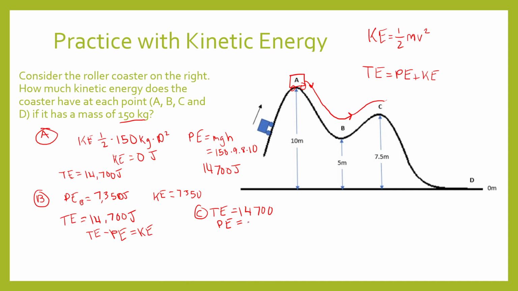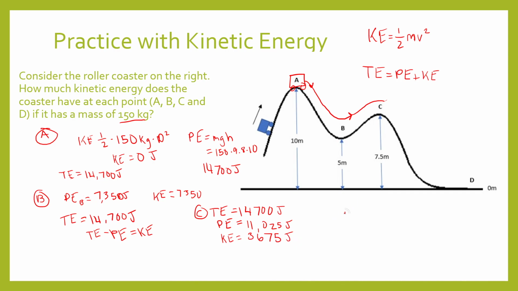Our potential energy was 11,025 joules. So where's the rest of the energy coming from? It's coming from our kinetic energy. If I take my total energy of 14,700 and subtract the potential energy of 11,025, I'm going to get a total kinetic energy of 3,675 joules.